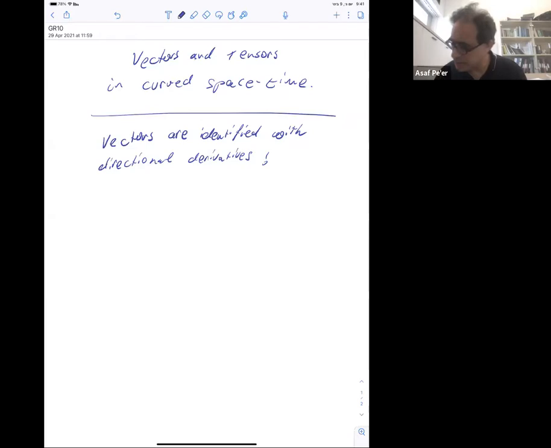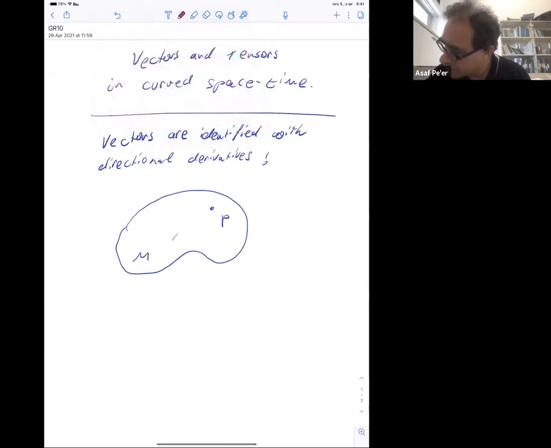Maybe I can just plot it down: we have some sort of a manifold M, and we put a curve at point P, which I call gamma, specified by some parameter lambda, so it's a parameterized curve, right?